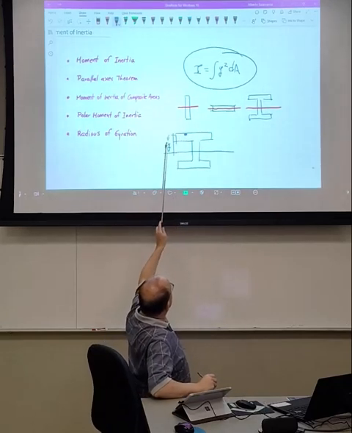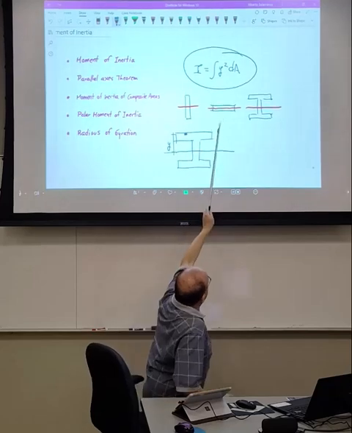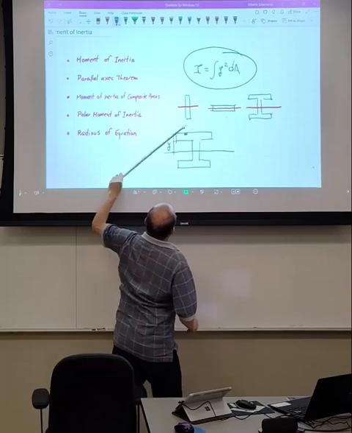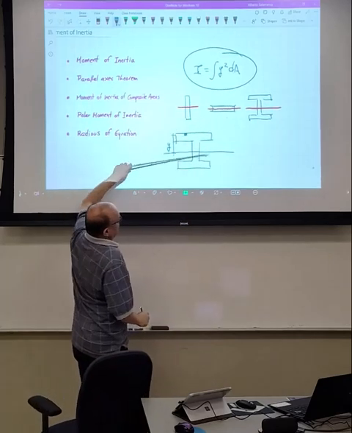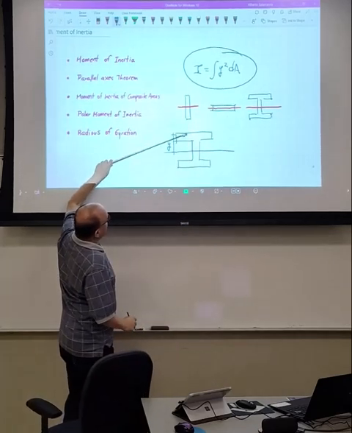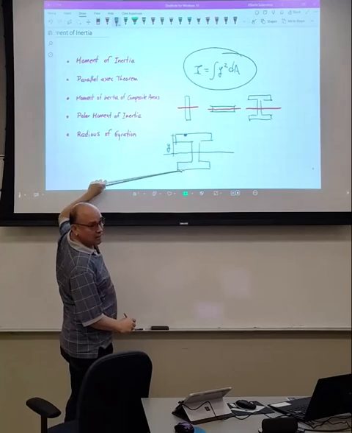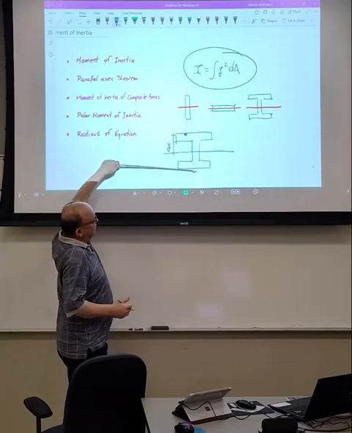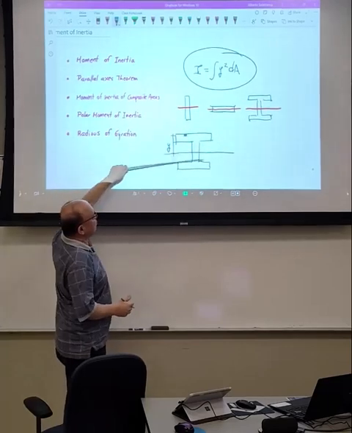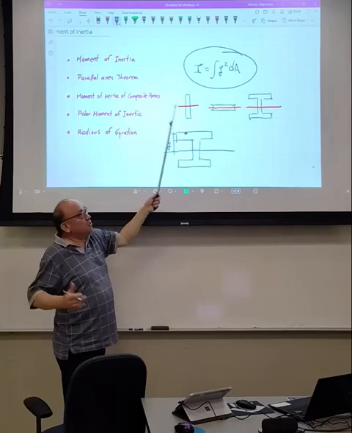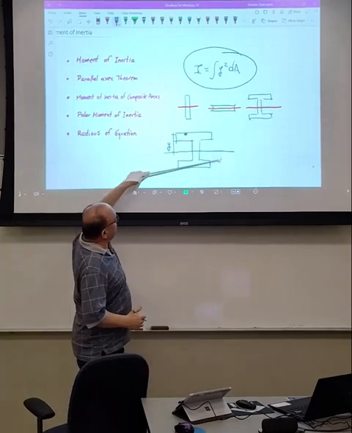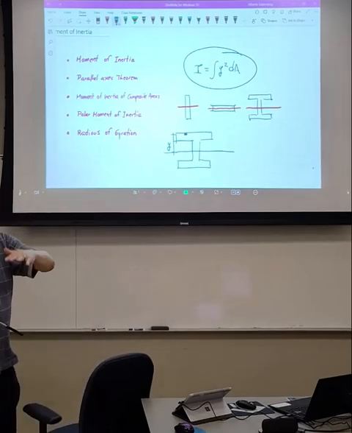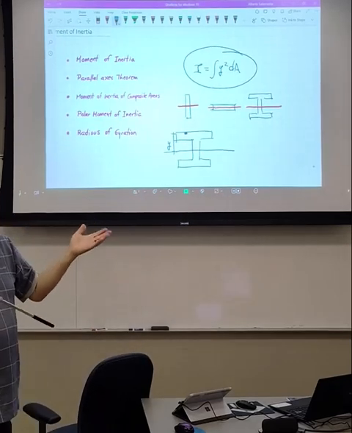Area times distance, but it's going to be squared because if we don't put a square, assume this is symmetric, this element will cancel out this element, right? So at the end, the moment of inertia will be zero. So if you put a square, all the elements that have negative coordinate y don't disappear.